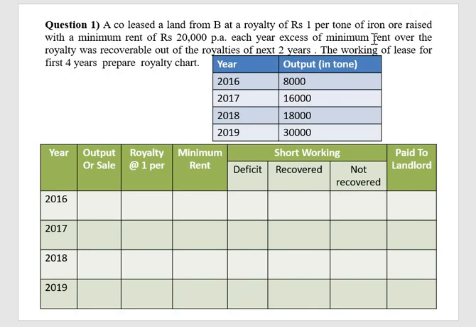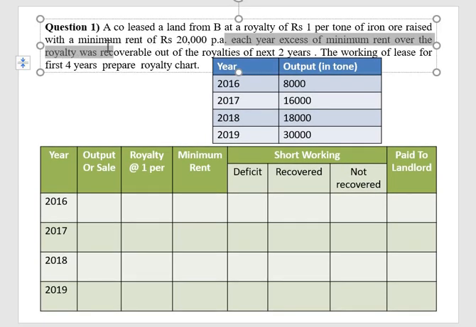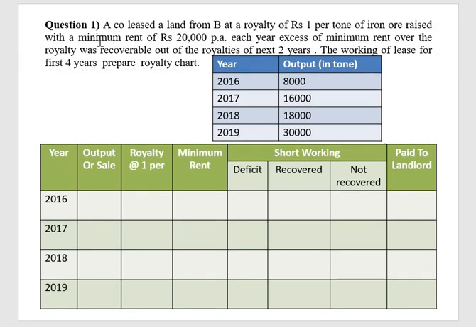Next, iron ore is raised with a minimum rent of rupees 20,000. So the minimum rent in this problem is 20,000, which is also very important for the calculations. Minimum rent is 20,000, and 1 ton is equal to 1 rupee. Each year, the excess of minimum rent over the royalty was recoverable.